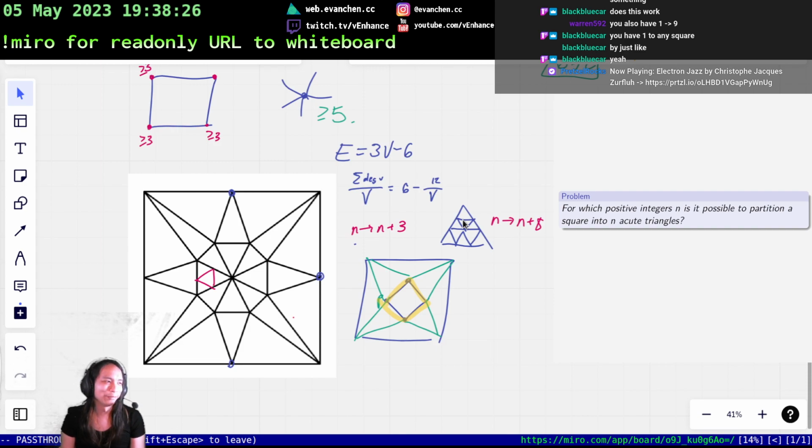Yeah, but the problem is now I have to deal with the base cases, which are the part that I was not looking forward to. Yeah, just oh god.